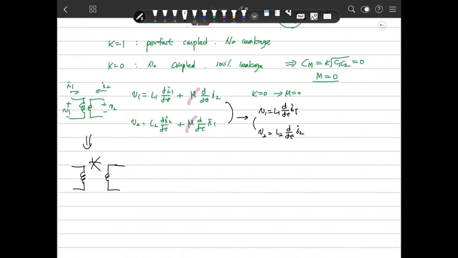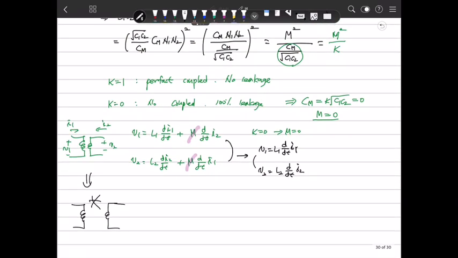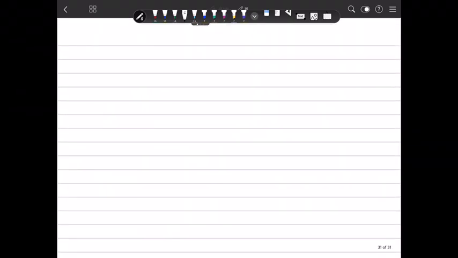So that is the case of K being 1 and K being 0. Next is about the coupled values here.